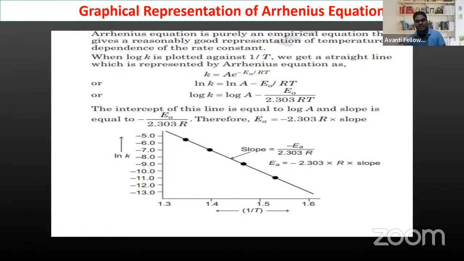Graphical representation of the Arrhenius equation. How do we represent this Arrhenius equation through a graph? The Arrhenius equation is purely an empirical equation, so we can represent it through a graph as well.